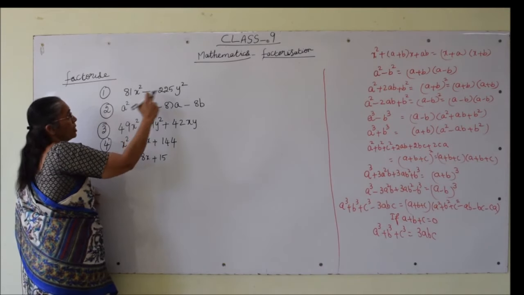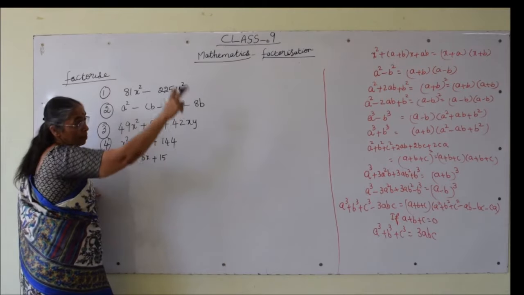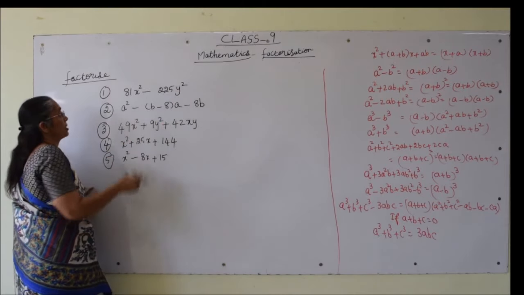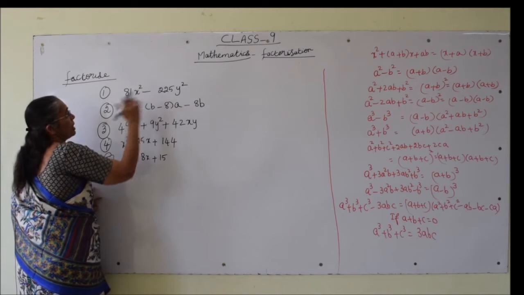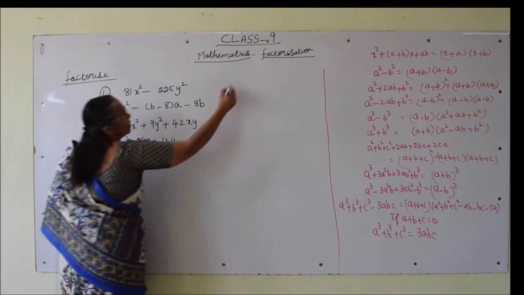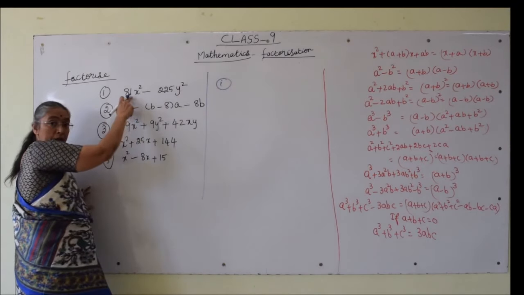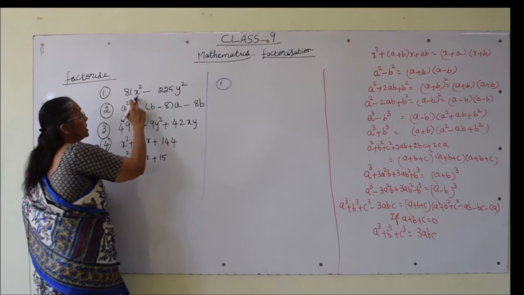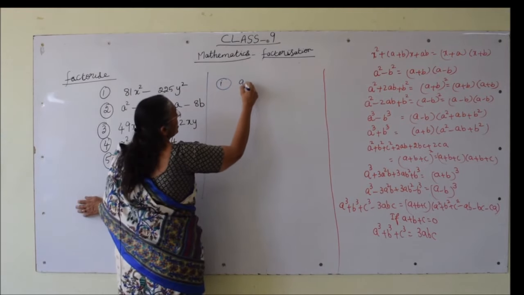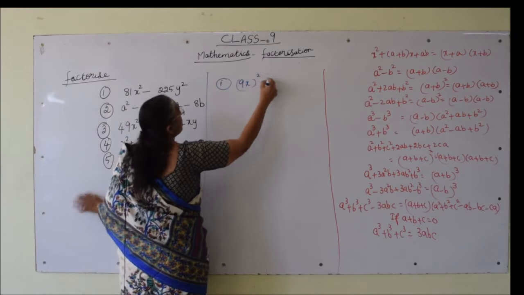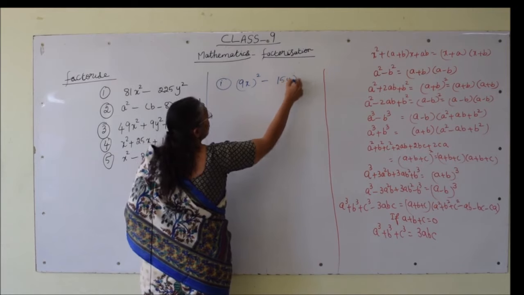Try 1: I will give time, at that time you can copy the formula, children. First listen to the class. 81x square minus 225y square. So, problem number 1. Is 81 a perfect square? Yes. You can write it as 9x whole square. So this is 9x whole square minus 225y square, which is 15y whole square.